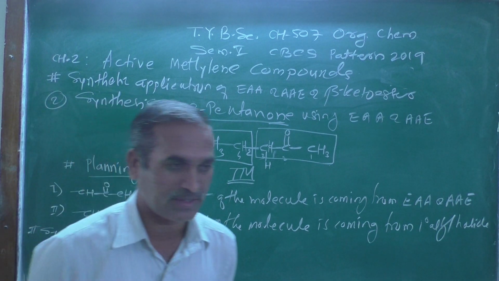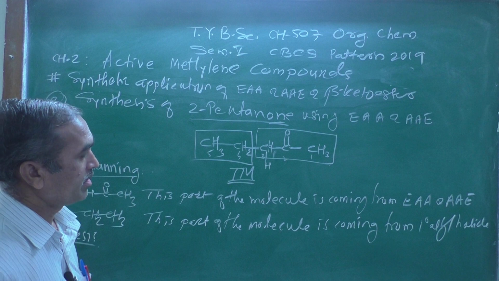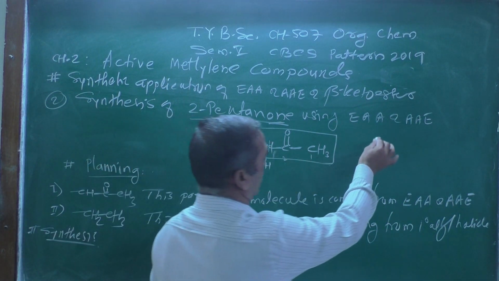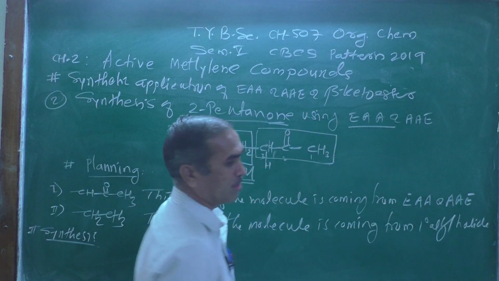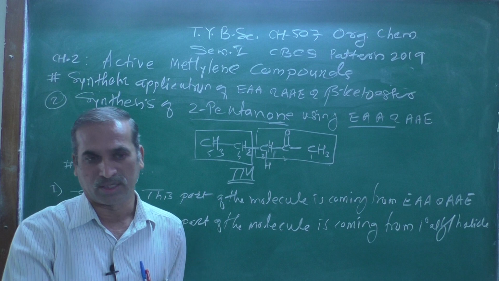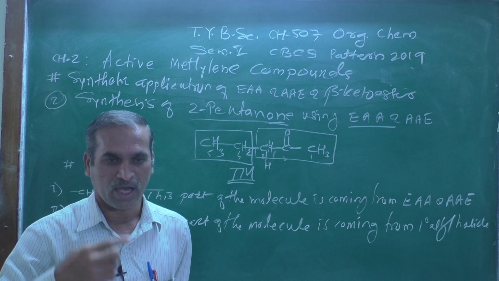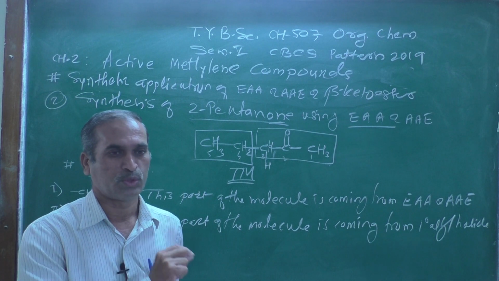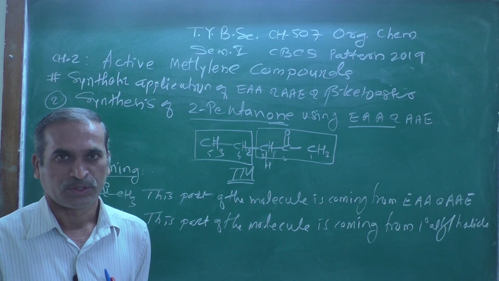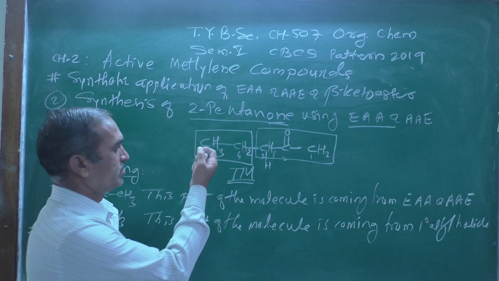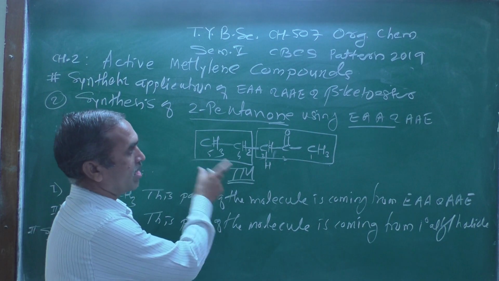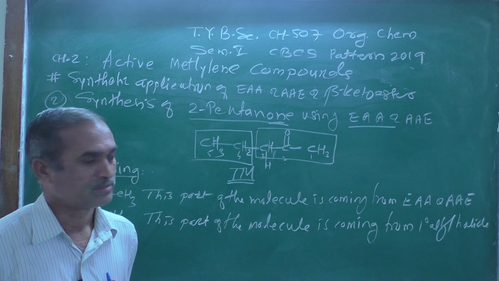Now in the synthesis, they have given us the target molecule as well as the starting material, and you have to go sequentially or step by step to get the final product or the target molecule.